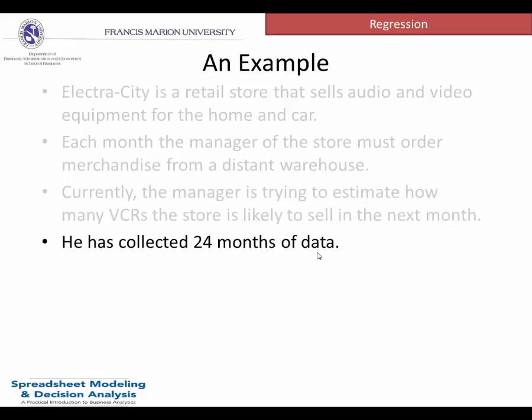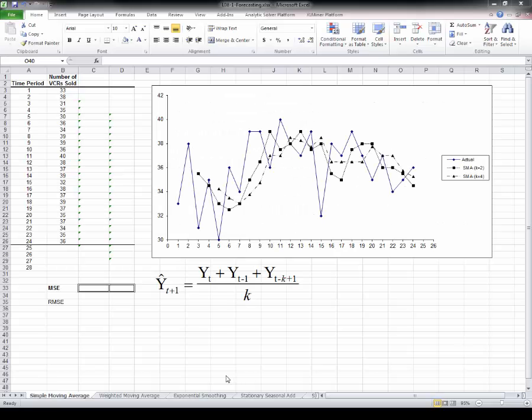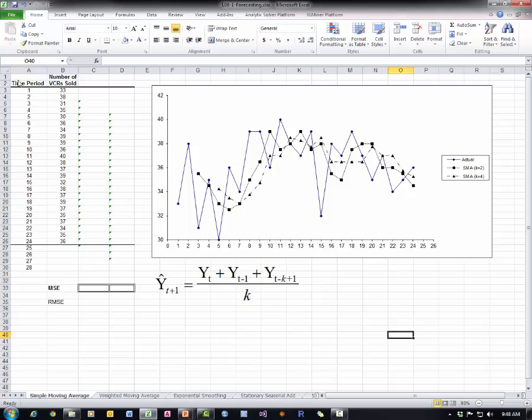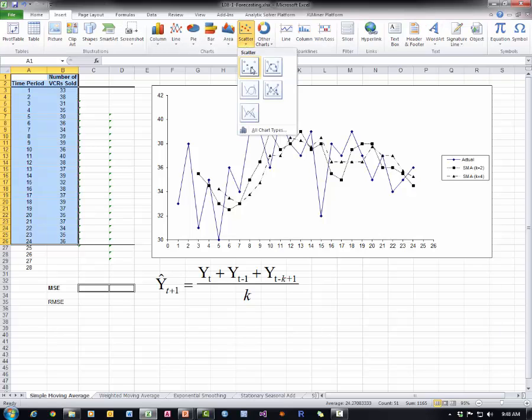He's collected 24 months of data, and I'm just going to open up the Excel file. And you can see here's your time period and number of VCRs sold. The best way to visualize this data is to build a scatter plot. You can use scatter with only markers, or with lines and markers.